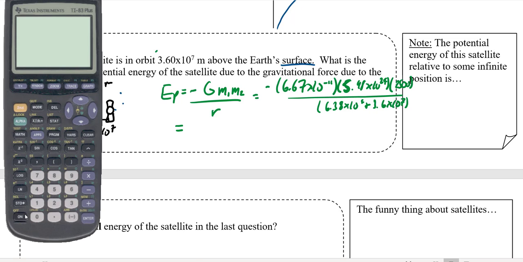Okay, so just putting this in, and isn't this fun, watching me type things into a calculator in a really long-winded fashion. 6.67 times 10 to the negative 11 times 5.98 times 10 to the 24 times 2,500 divided by, and I'll just add these things up, 6.38 exponent 6 plus 3.6 exponent 7, close the bracket, hit enter, and I get negative 2.35 times 10 to the 10.